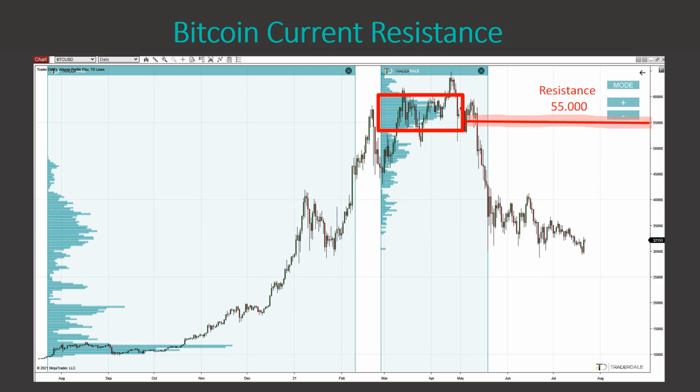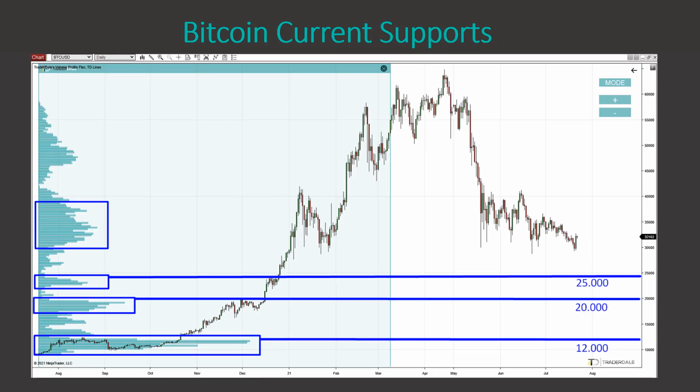And what I wanted to show you is more support on Bitcoin. I'm not saying that Bitcoin will continue and drop downwards. I'm just saying that if it does, then there will be nice trading opportunities. And those trading opportunities will be those supports marked by those heavy volume areas.